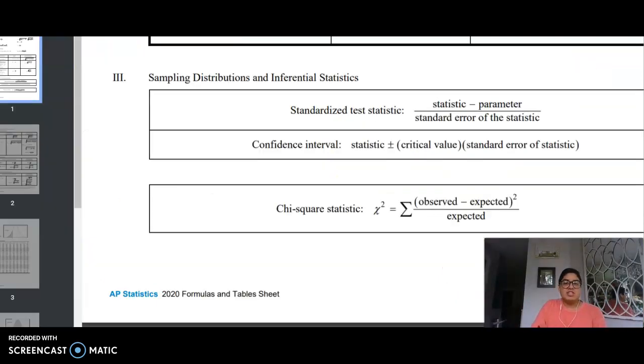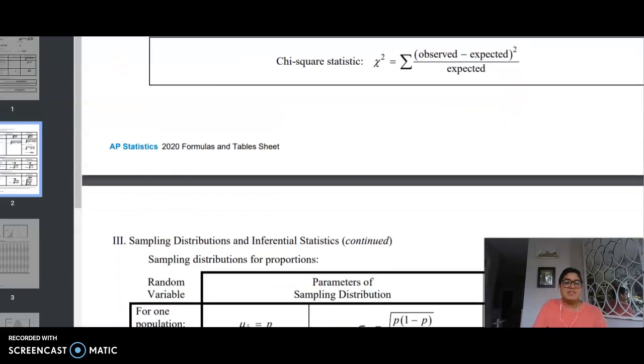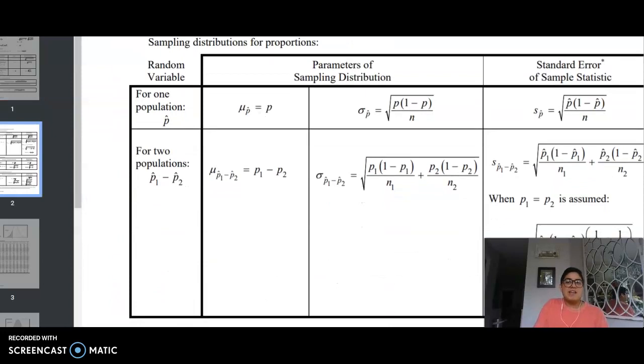Now, if we look at our formula sheet, they have a more specific formula, which is a statistic, which could be p hat or x bar, the critical value, which we'll talk about a little bit more later, and then the standard error of the statistic. So now when we go back, you'll see standard error here. I'm using proportion, so I'm only going to be looking at these two boxes for this unit. For one proportion, here's how I'd calculate the standard error.